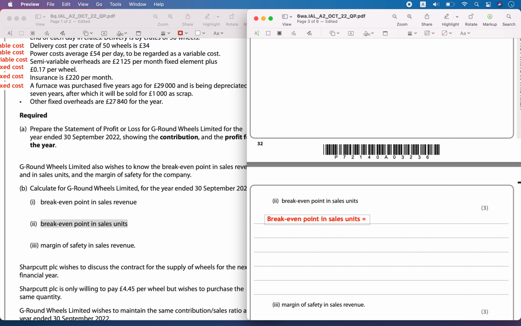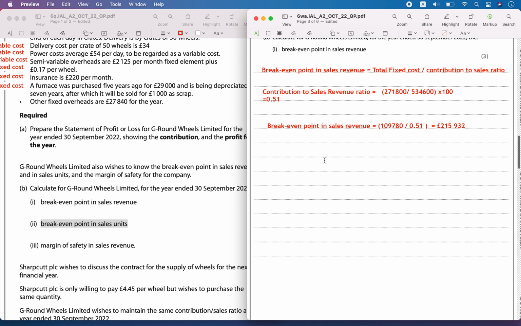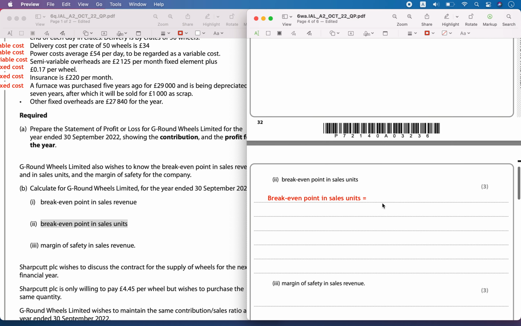to be sold. Beyond this point, if you sell more units, you will get a profit. So for this we can use the break even point in terms of sales revenue divided by the actual selling price.